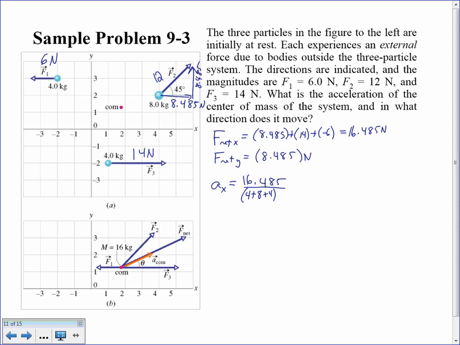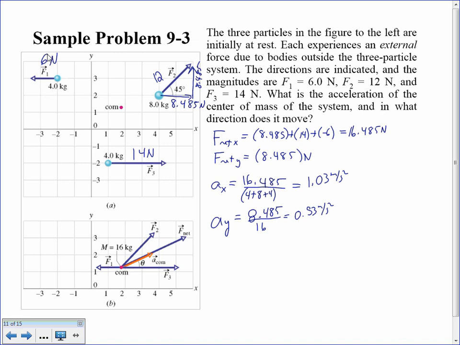So you have 16 kilograms total. So this is 16.485 divided by 16, which is 1.03 meters per second squared. The acceleration in the y direction is 8.485 divided by 16, which is 0.53 meters per second squared.